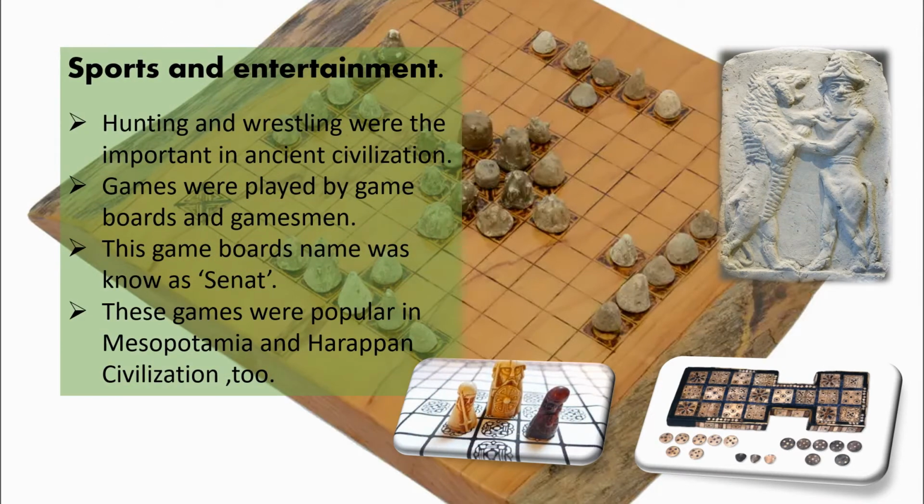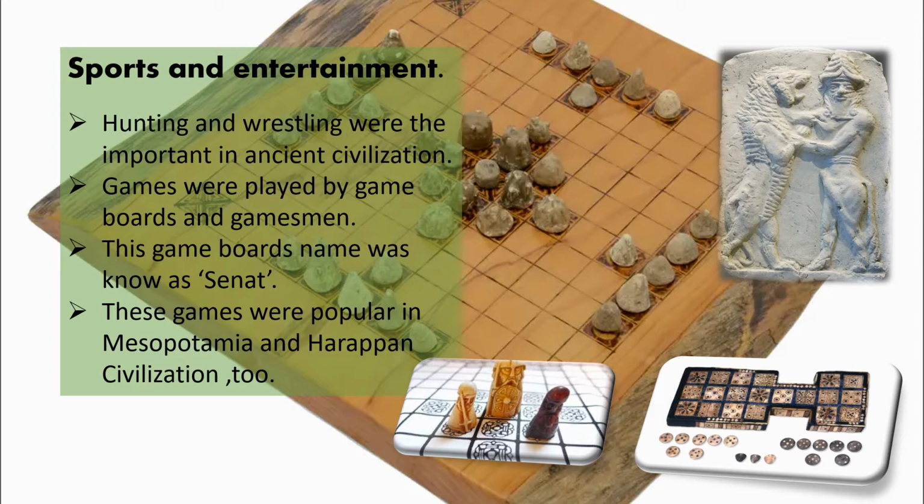Sports and entertainment. There were a variety of sports and means of entertainment in the ancient civilizations. Hunting and wrestling were the important ones. Games played with the help of game boards and gamesmen were also popular. In ancient Egypt, people played a game similar to chess.